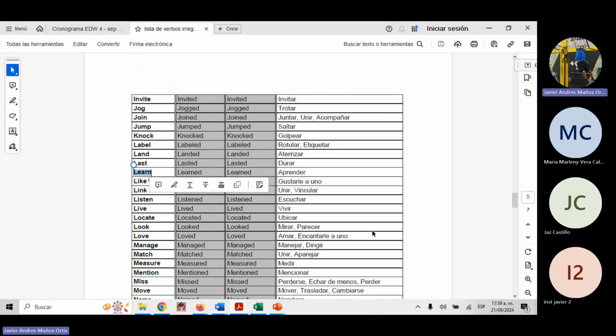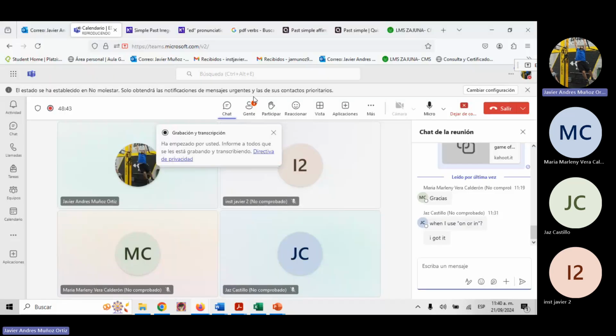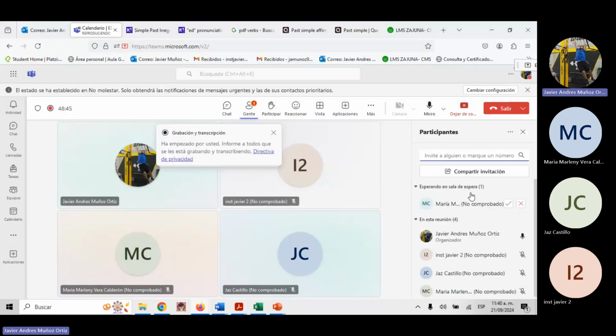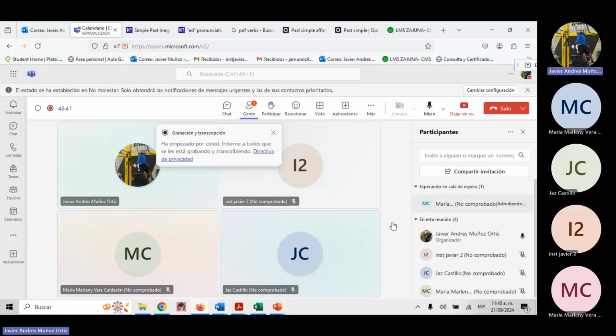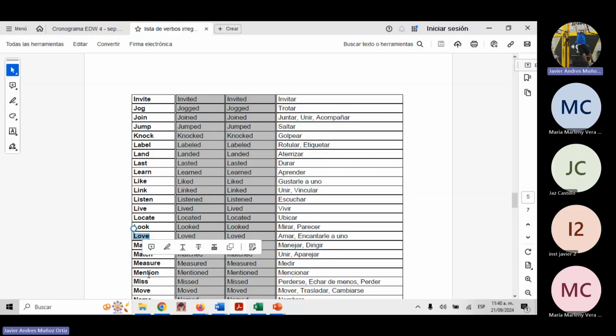And just to give some examples, learn, there's vibration here, therefore the pronunciation is learned, right? Love, there is vibration in the last sound, so therefore the past form would be loved. Mention, the pronunciation would be mentioned.